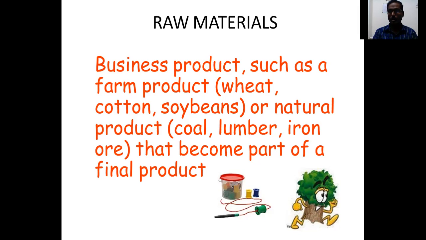Raw materials are something which we input into the machineries and process to get the final product. So whatever is used as input in order to get a final product or finished goods comes under the raw materials subcategory.